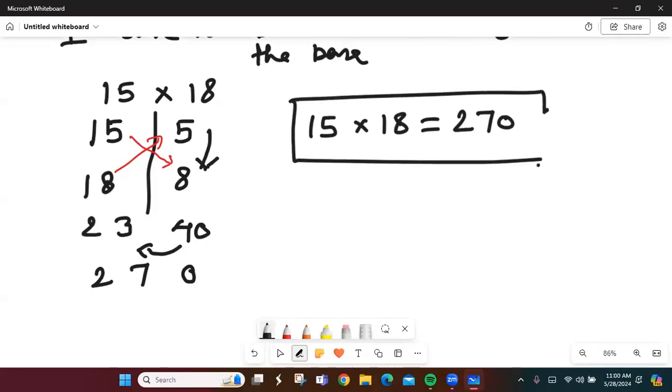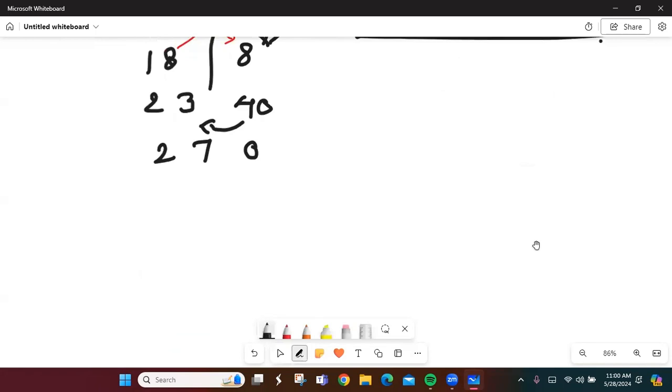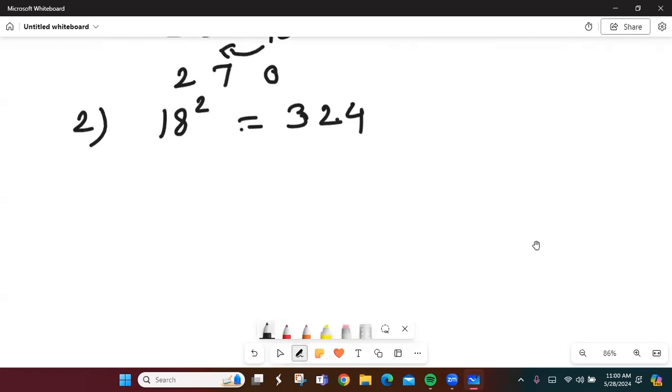Let's just take one more example. Suppose I want to find out 18 square, and we know that 18 square is 324. But using this base method, let us see this product 18 into 18. So I'll write 18 and 18 one below other.